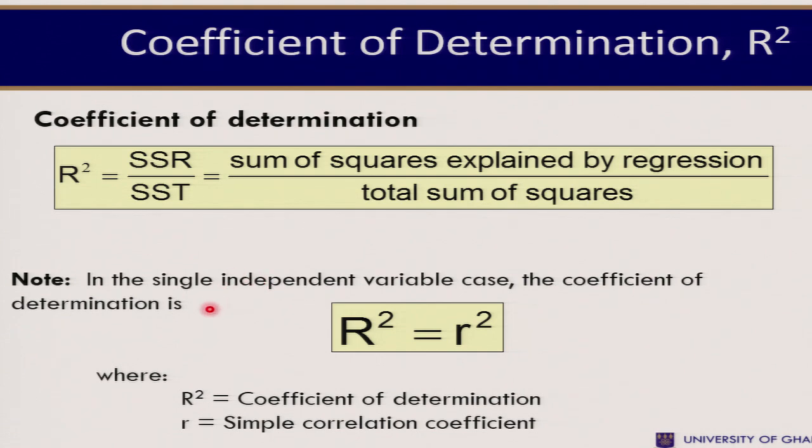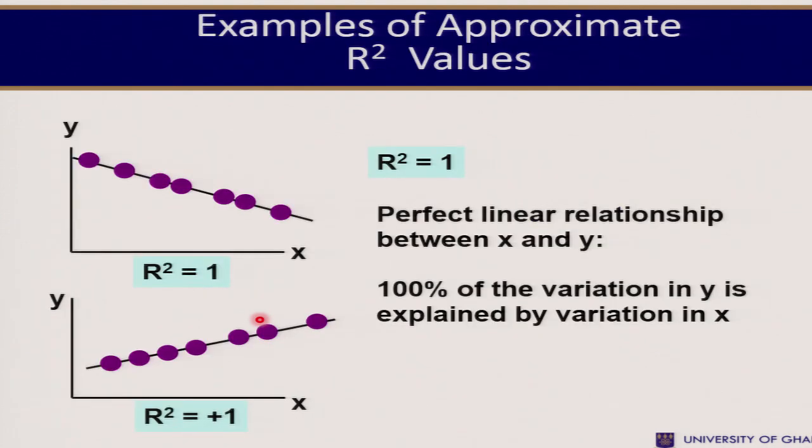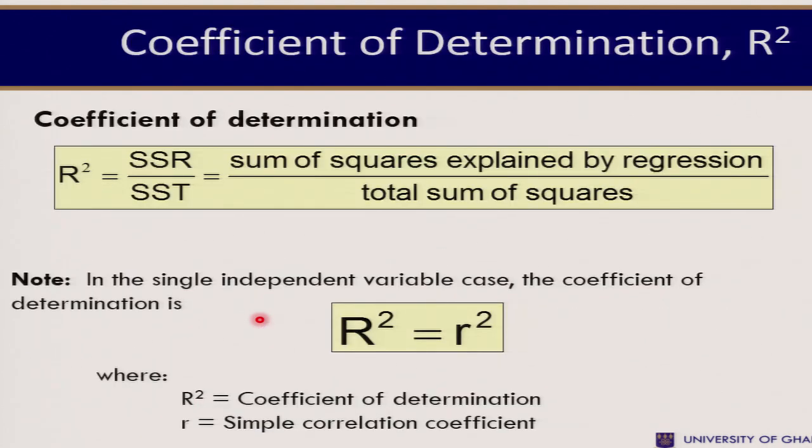Note that for a sample, we have the capital R squared giving us small r squared, where R squared is the coefficient of determination, and then r, very familiar, is our sample correlation coefficient. Therefore, we can say that the square of the correlation coefficient will give you the coefficient of determination.